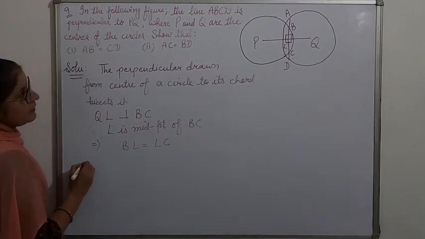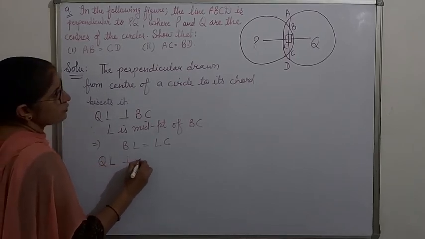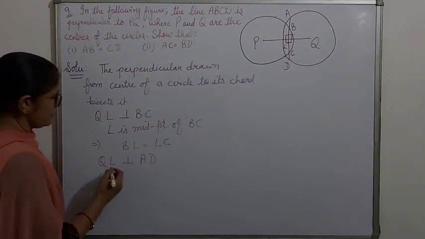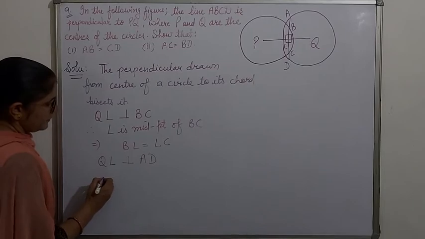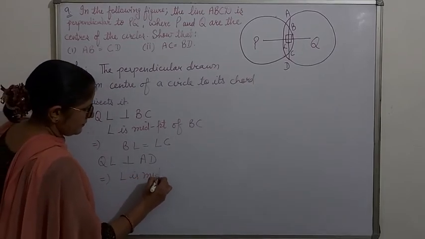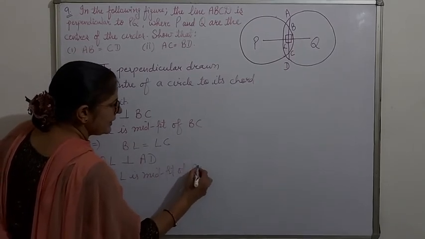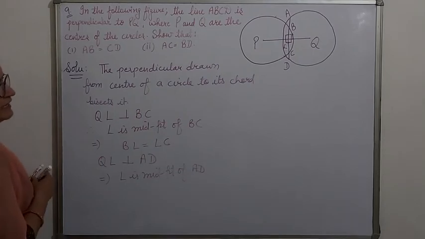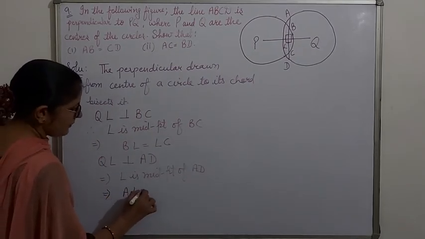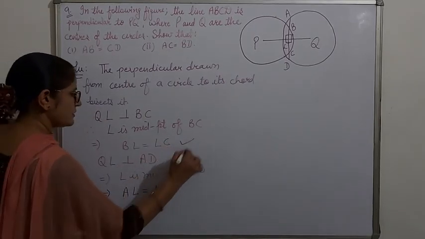Similarly, QL is perpendicular to AD. This full chord we are taking now for the big circle. It means L is the midpoint of AD. If L is the midpoint of AD, that means AL will be equal to LD. Now we use these two results.